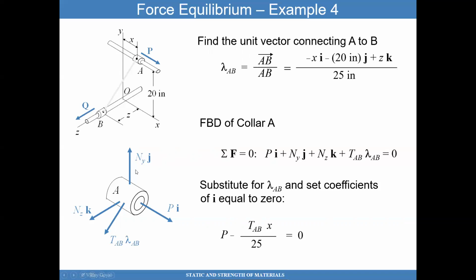So I'm going to put in here NY j hat in this direction and NZ k hat in this direction. In addition, I have the tension in this cable, TAB, and I want to put it in vector notation. Since I know the unit vector, which was calculated through this procedure, I have TAB times lambda AB.